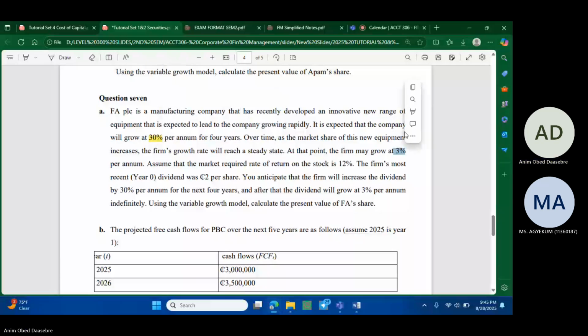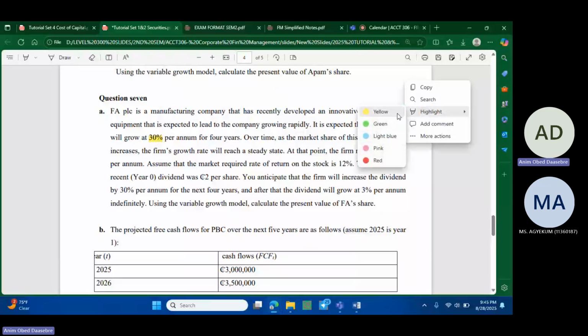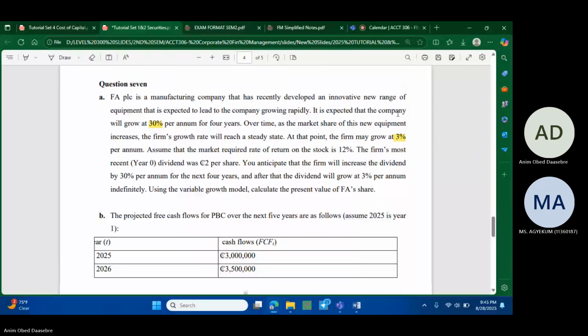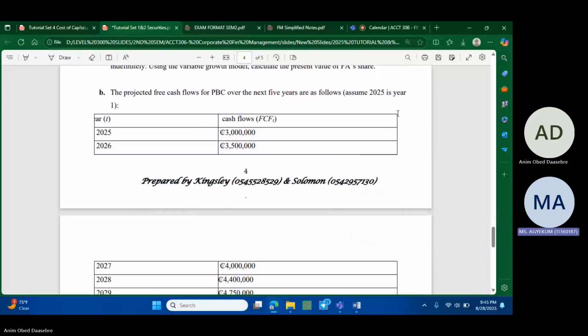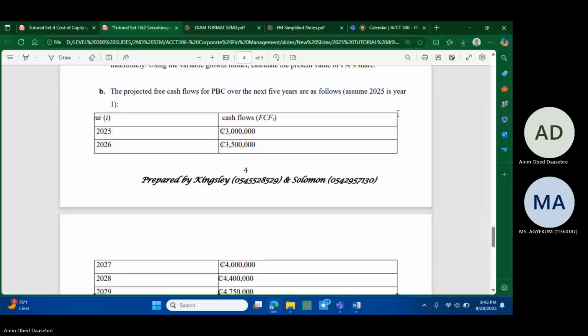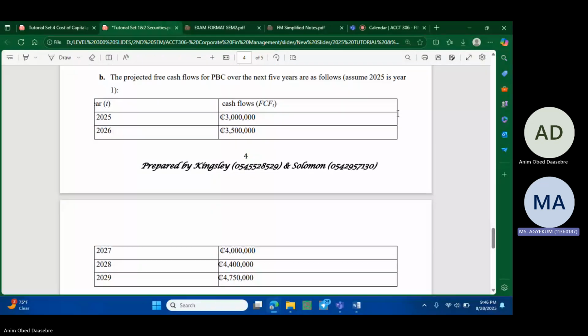Okay, continue with the next part. B, the projected free cash flow for PBL over the next 5 years are as follows. Assume 2025 is year one.